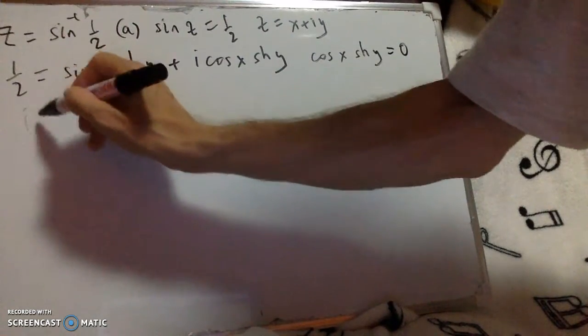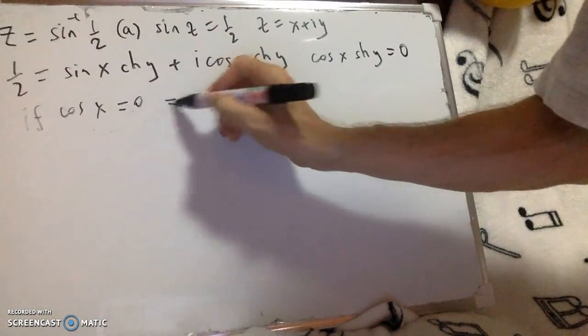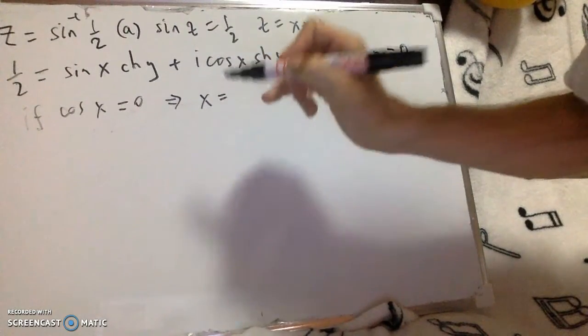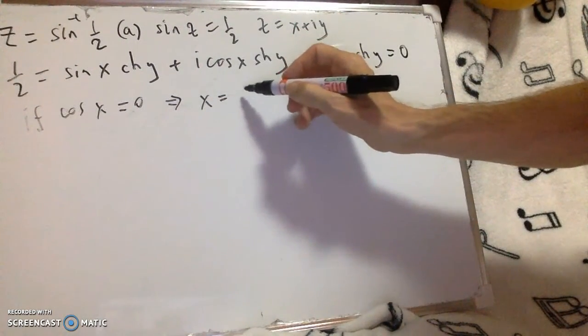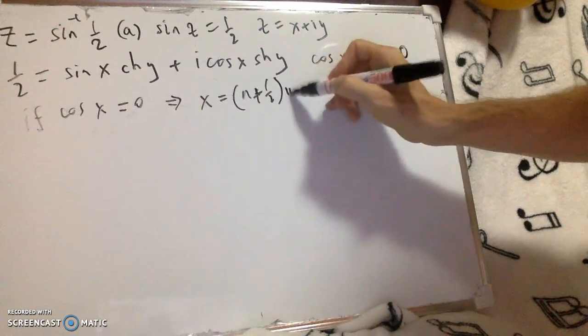If cos x is 0, that implies that x is equal to n plus a half pi.